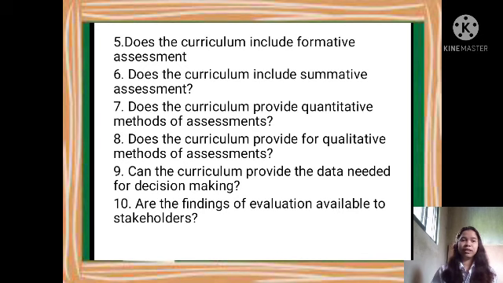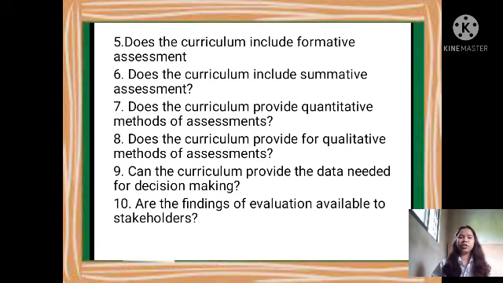Number 7, does the curriculum provide quantitative methods of assessment? Number 8, does the curriculum provide for qualitative methods of assessment? Number 9, can the curriculum provide the data needed for decision making? And last, are the findings of evaluation available to stakeholders?